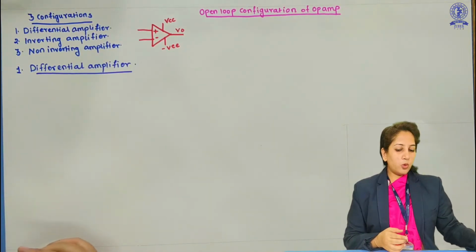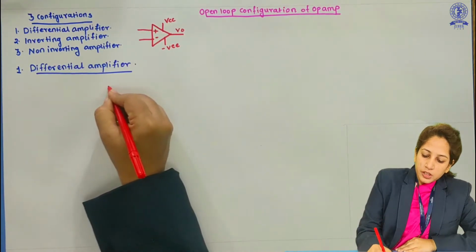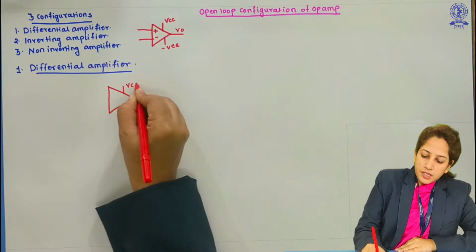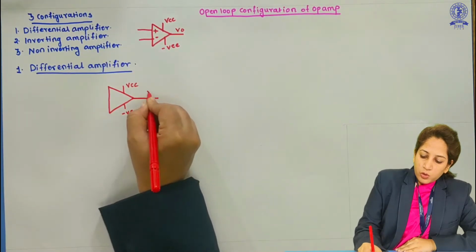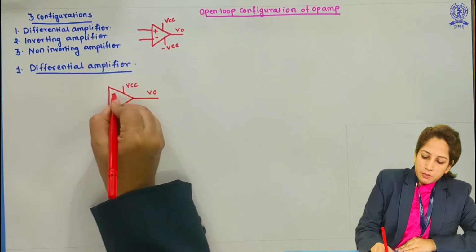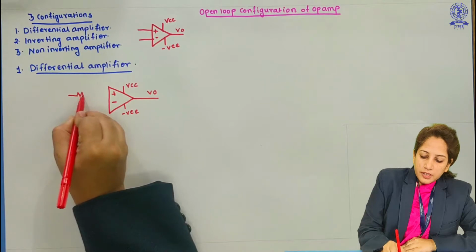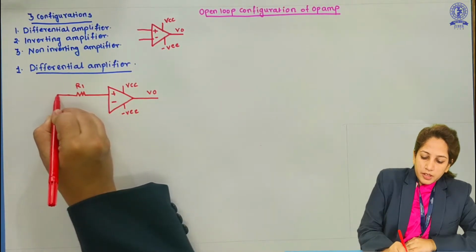As I have told you, in the differential amplifier I will be applying a voltage source to both terminals. This is my VCC, this is my minus VEE. Here is the output voltage V0, here is positive, here is negative. Here I will apply resistance R1, which will be very negligible.